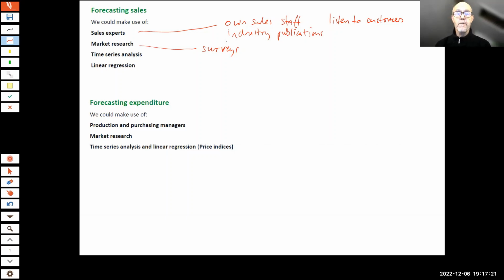Which of these brands do you have a positive opinion of? Which of these have you heard of lately? So you can do surveys, which can be in person, we're back to the town square with a clipboard or the shopping centre, or they could be online.